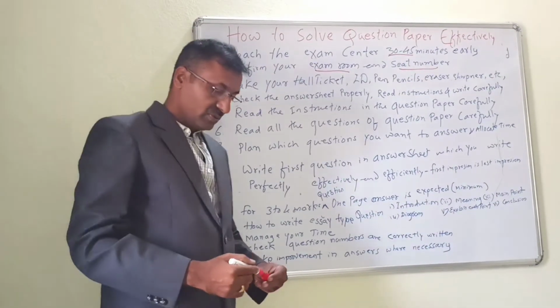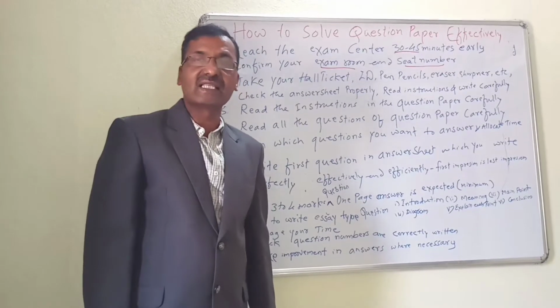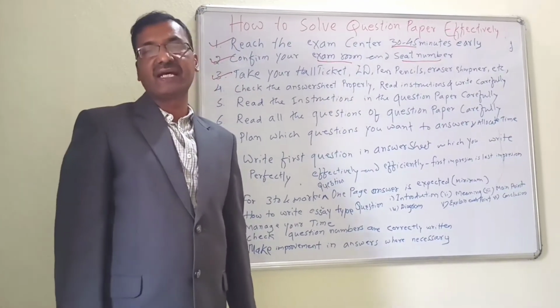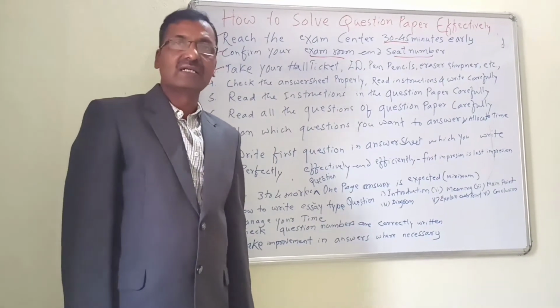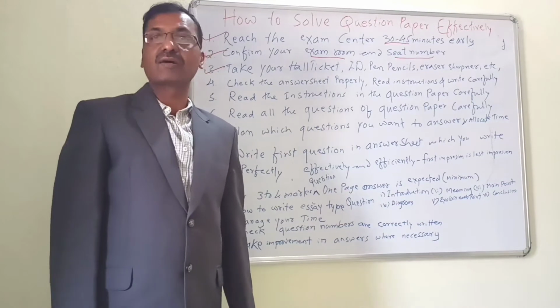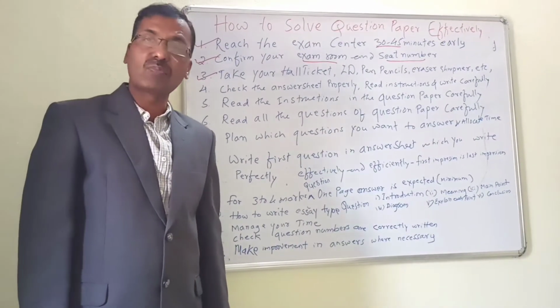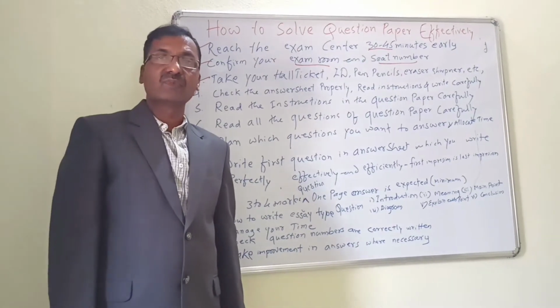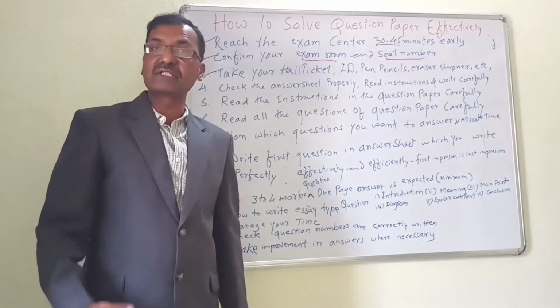Fourth point, once you receive the answer sheet, it is necessary to check each and every page of the answer sheet, whether it is properly stitched, whether the lines are proper, whether the page numbers are proper, and whether it is not damaged.